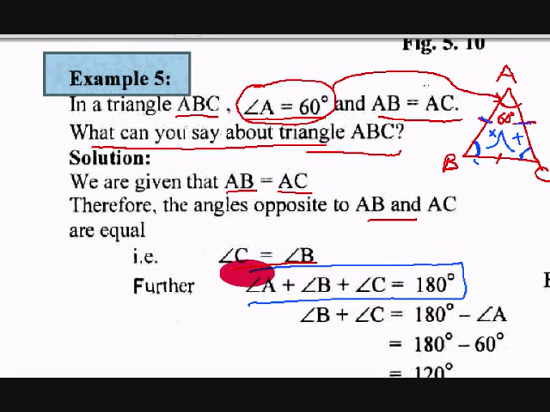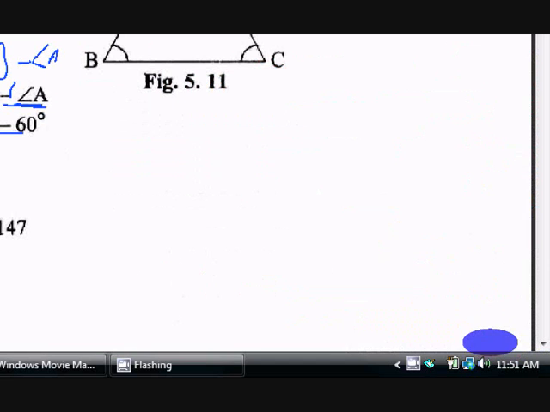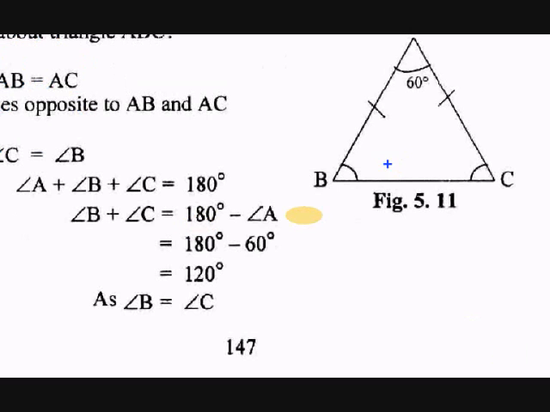Remember this? Okay. We know that angle A plus angle B plus angle C equals 180 degrees, so angle B plus angle C is equal to 180 degrees minus angle A, because subtracting angle A on both sides we get this. How do you write it? We can come to 180 minus angle A. Now we know angle A. This is 60 degrees.